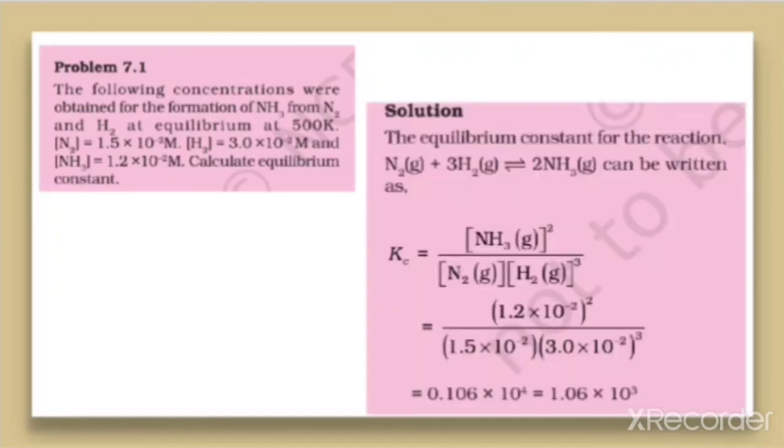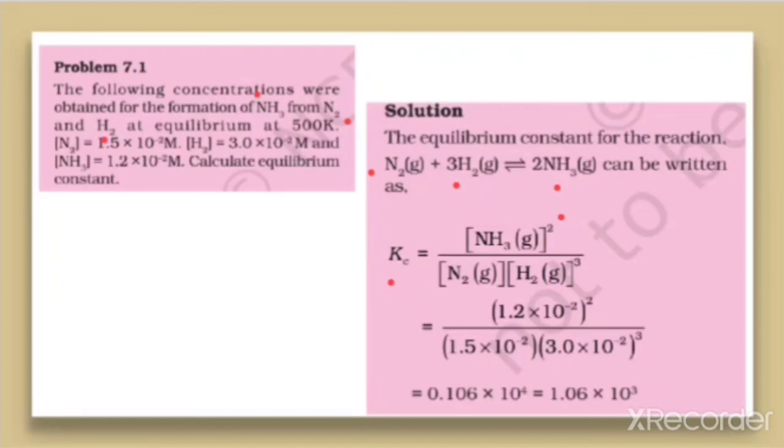Here, the equation is the reaction between nitrogen and hydrogen to form ammonia. So the reaction is N2 plus 3H2 giving rise to 2NH3. It is very important to balance the equation, because if you are not balancing the equation when writing the Kc, the stoichiometric coefficients should come in the powers.